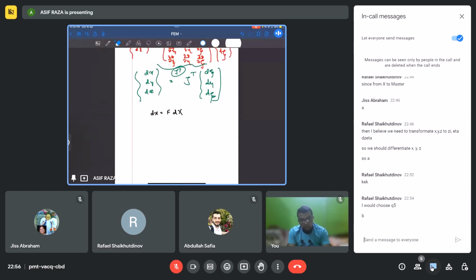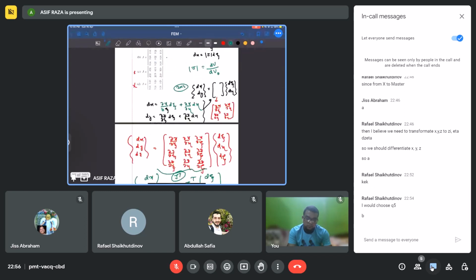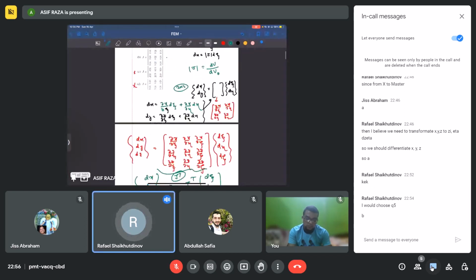When we see this in the volumetric setting, it would be dv is equal to determinant of f dv. This is applicable. I'm just trying to.